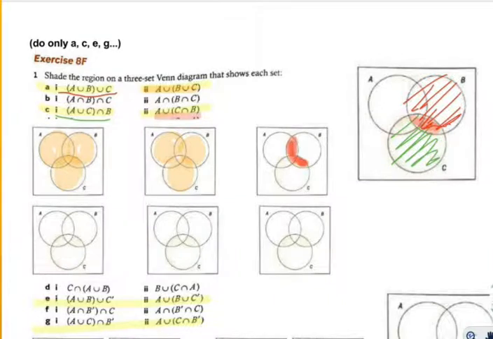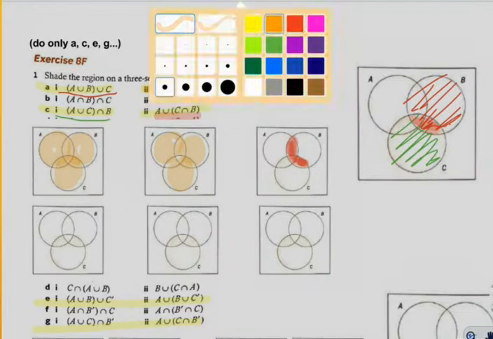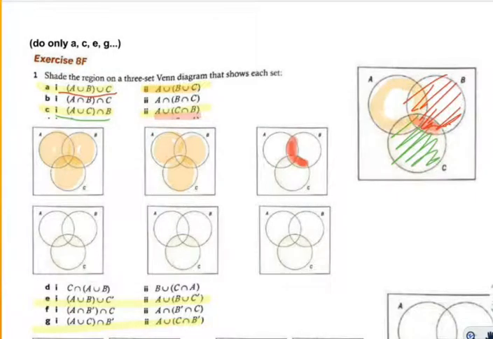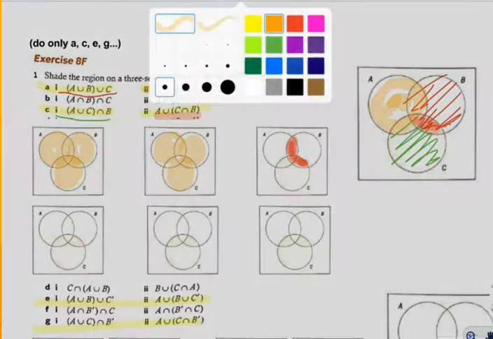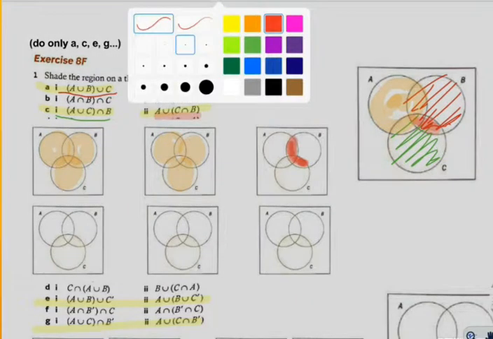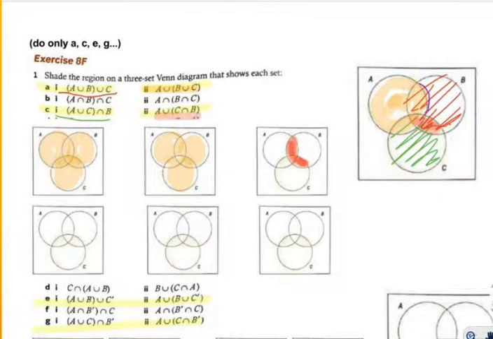Now I want to union it with A. So A would be this part here, right? So what's the union of A with this red part? It would be everything inside A and this little part here. Okay, so let me draw that.